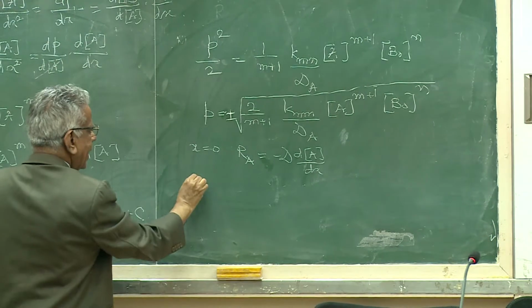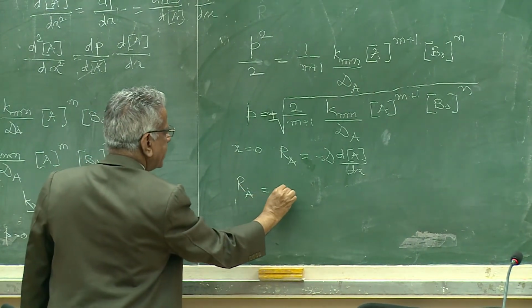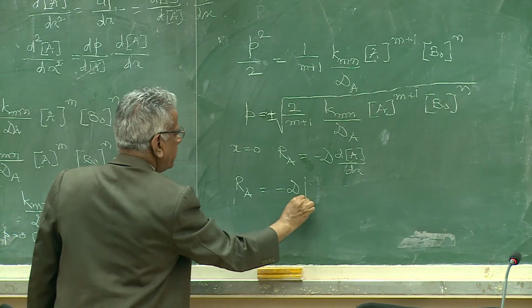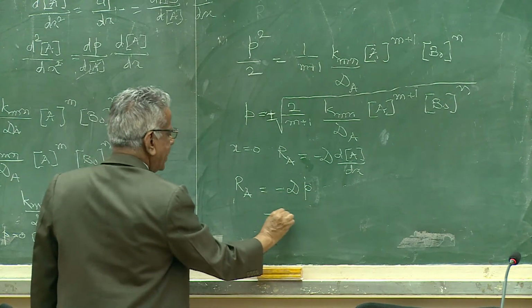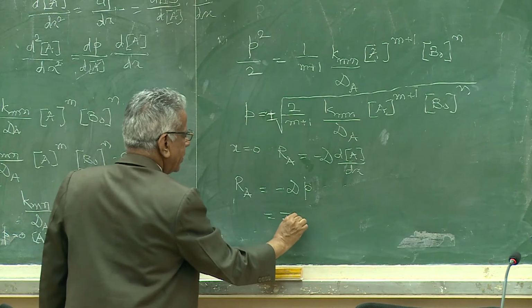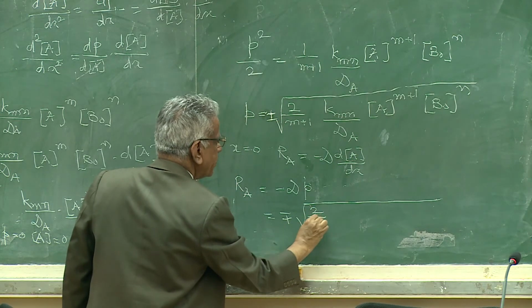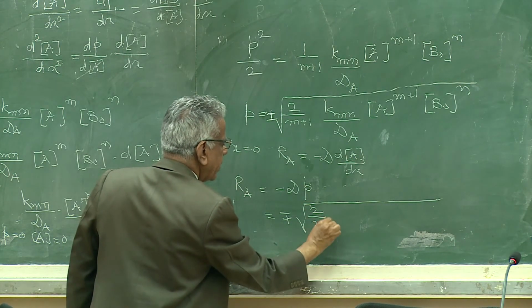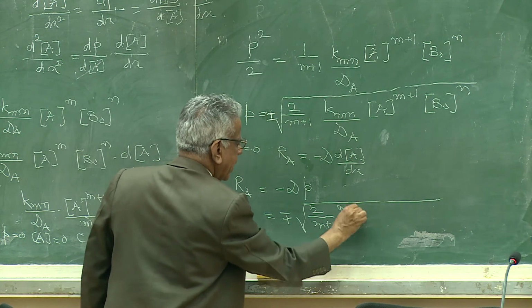Therefore, R A is equal to minus diffusivity times P, which is now minus plus the square root of 2 upon m plus 1, diffusivity, Kmn.